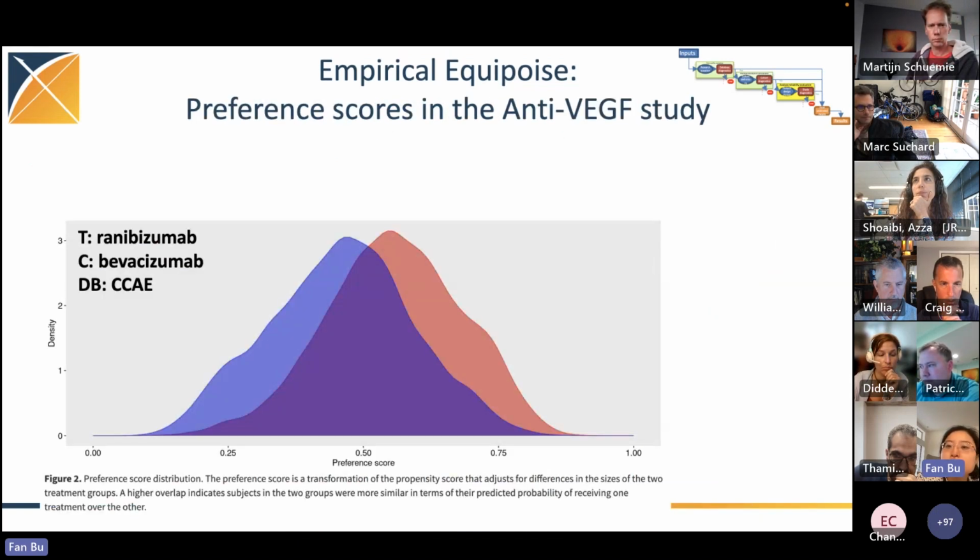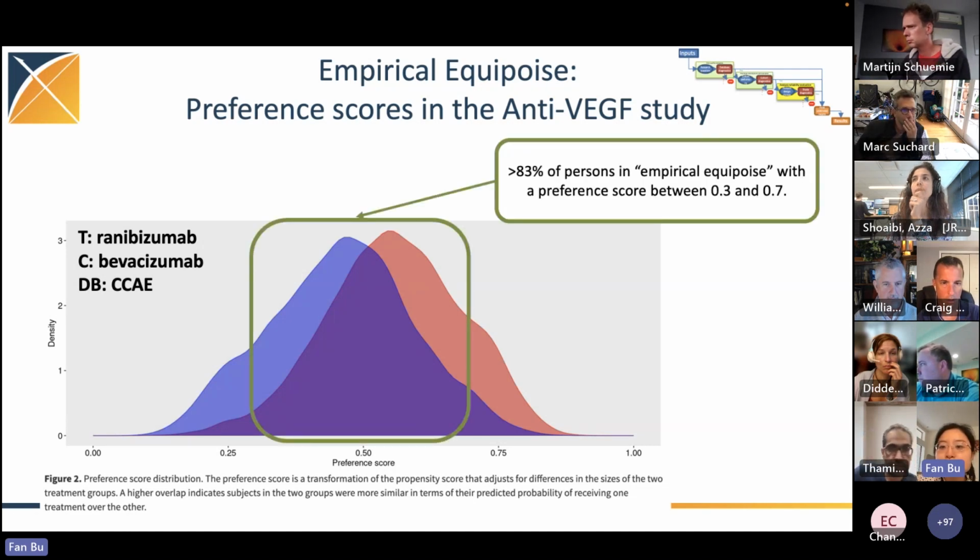Now, going to our anti-VEGF study, our example study for this session, for the target as ranibizumab and comparator as bevacizumab, here I'm presenting again the preference score plots comparing the target group and comparator group. We see that there's indeed a lot of overlap between the blue and the red. In here, we have more than 83% of subjects in empirical equipoise.